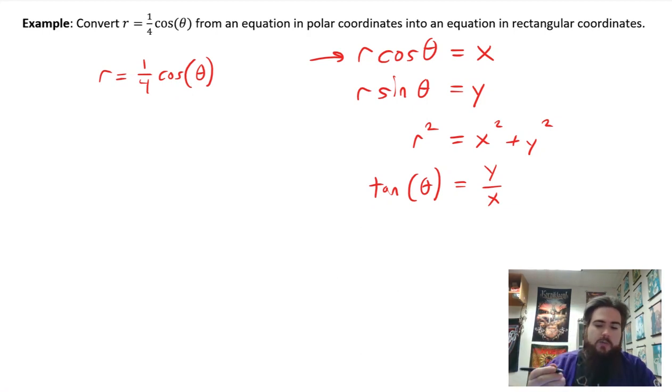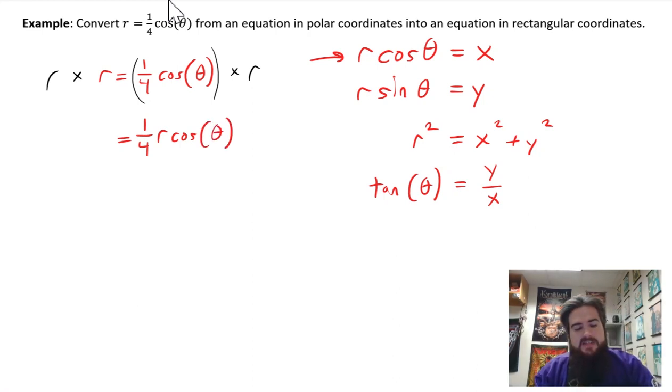So what we might want to do is multiply both sides of my equation by r. If I do that, that introduces an r onto the right side, and if I reorder the multiplication, 1/4 r cosine of theta.